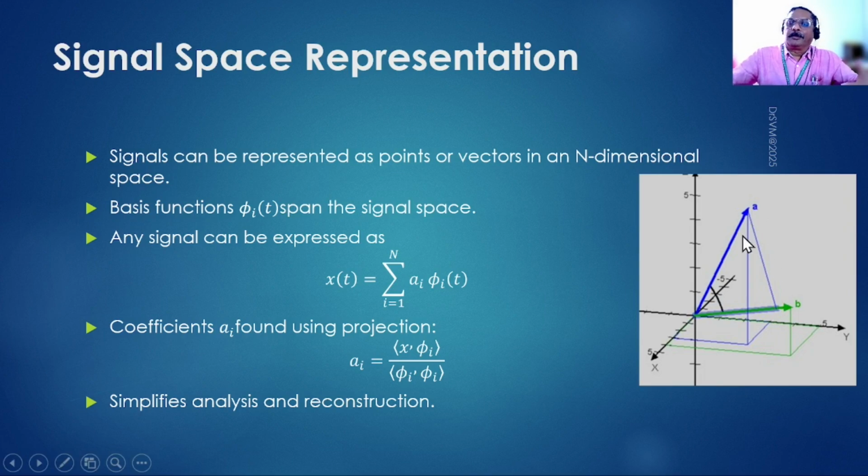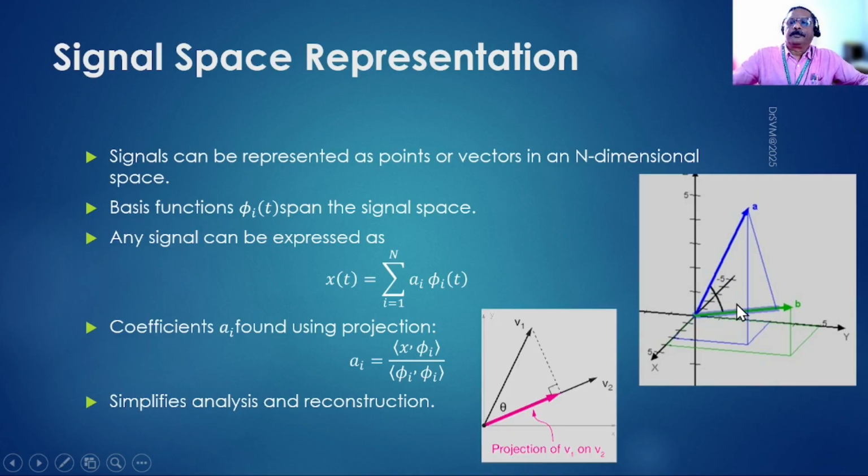In the same way we can take the projection of B over A, and it will also be equal, because it all depends on the size of A, the size of B, and the angle between them. Here the projection is better shown. We have V1 here and V2 here.